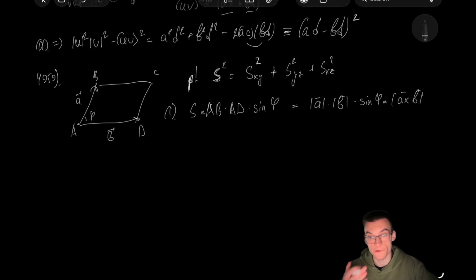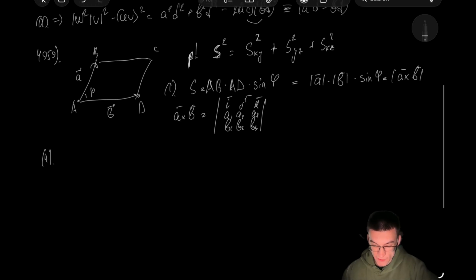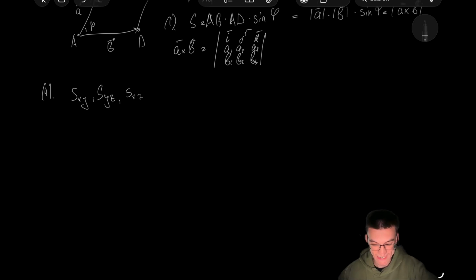We know that the cross product of these vectors is the third-order determinant with i, j, k, then a1, a2, a3, and b1, b2, b3, where these are the components, or coordinates, of the vectors a and b accordingly. So what is required here is to express S_xy, S_yz, and S_xz.